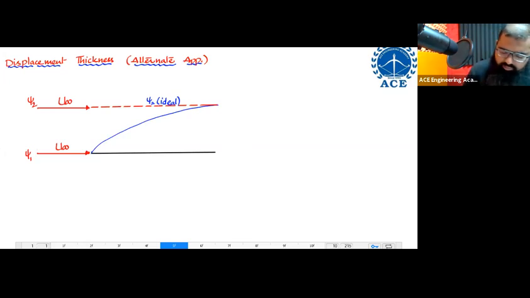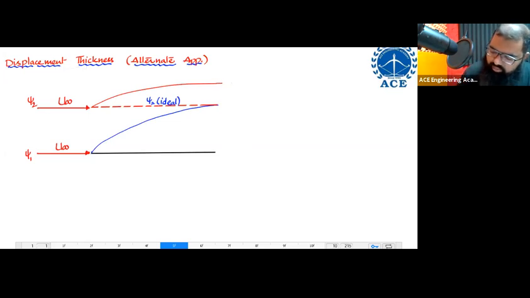It is not able to move. So what is happening? It is going to get displaced slightly, and it is moving something like this.